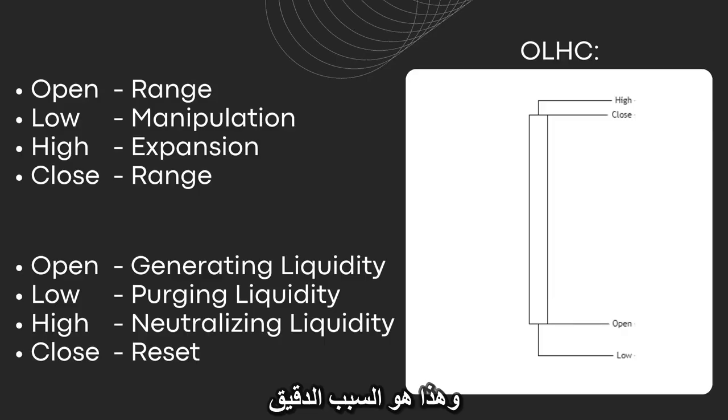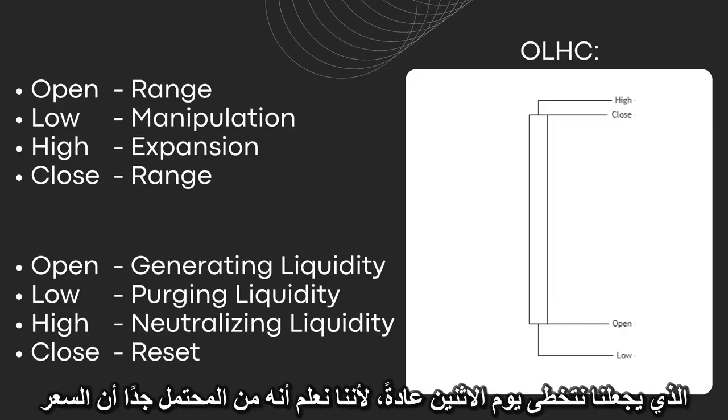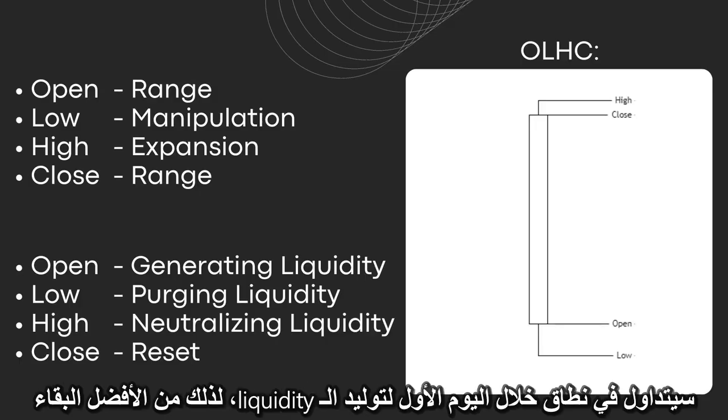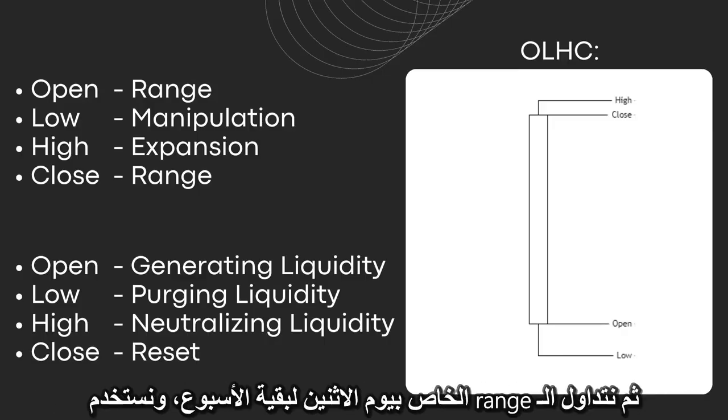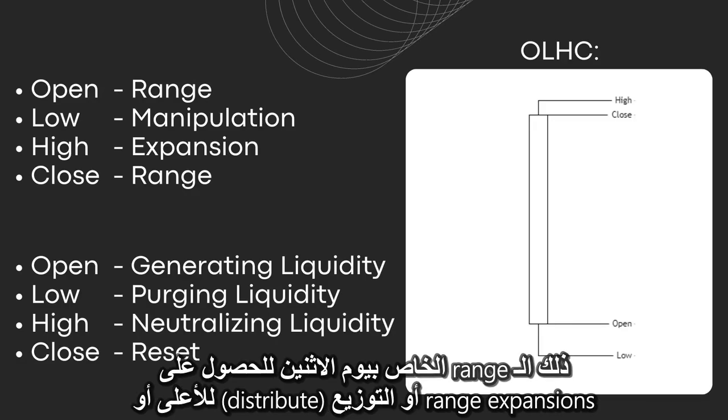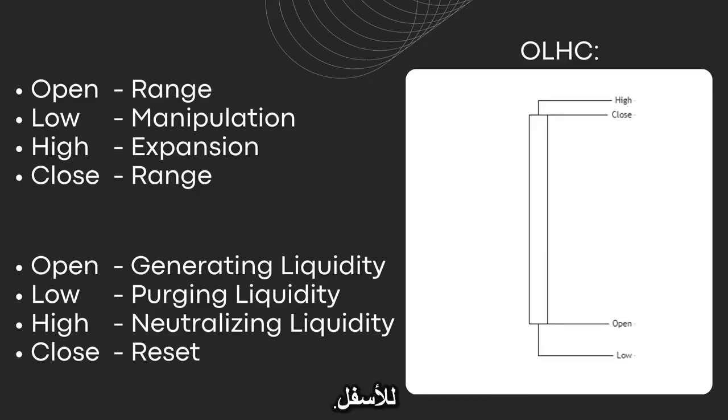And that is the exact reason why we usually skip Monday, because we know that it's highly likely that price could range for the first day to generate liquidity, so it's better to just stay risk off and stay away from the charts instead of messing with the markets, right? And then we trade that Monday's range the rest of the week, and we use that Monday's range to have range expansions or to distribute higher or lower.